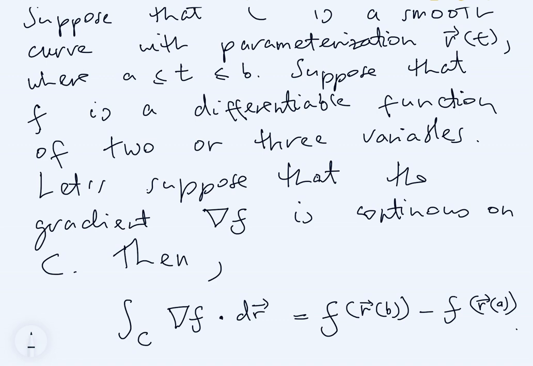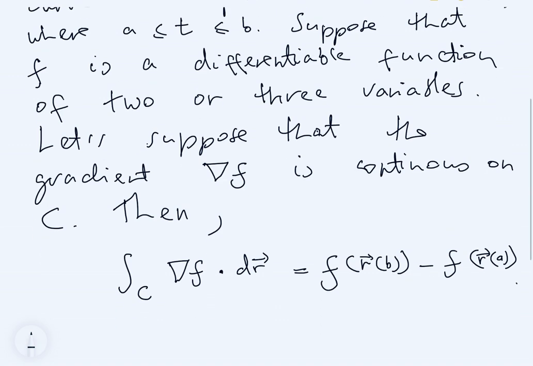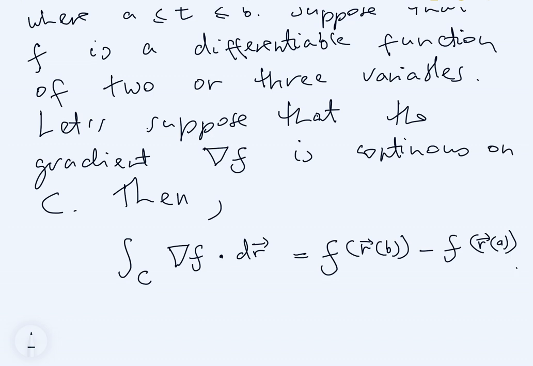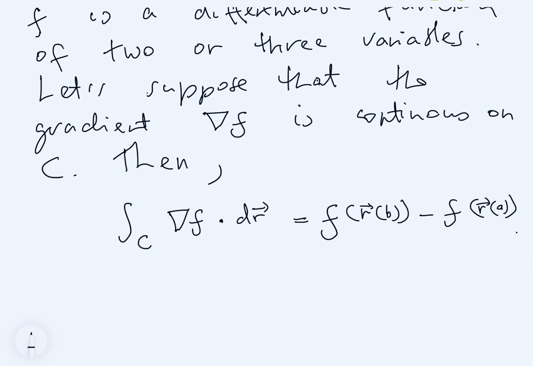Also suppose that the gradient grad f or nabla f is continuous on C. Then the line integral along C of the gradient of f, which we wrote as the integral along C of grad f dot dr, is equal to f of r of b minus f of r of a.